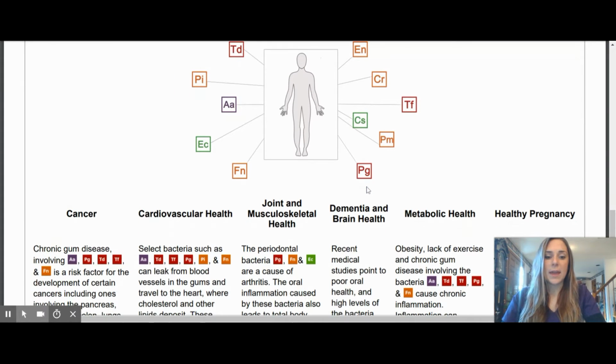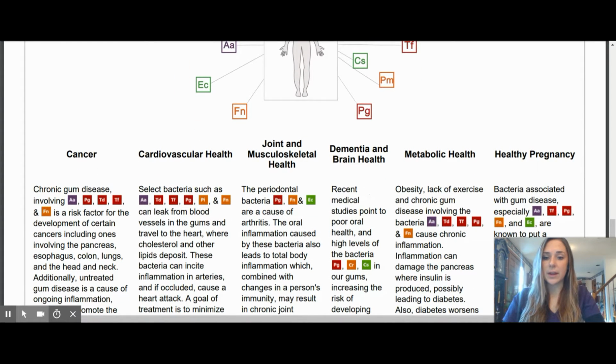The patient can then match the bacteria that were found above the threshold down to this chart here. Each bacteria found are associated with different systemic problems. And for the purpose of this video, I will focus on the cardiovascular health.